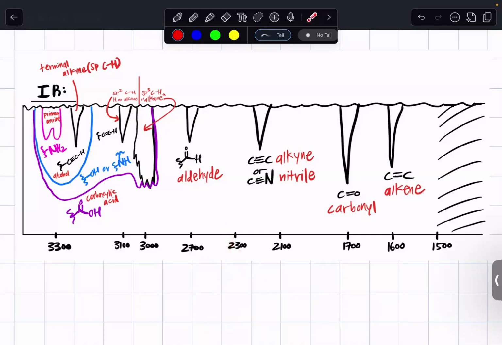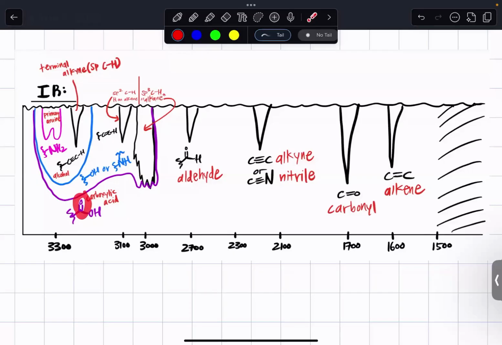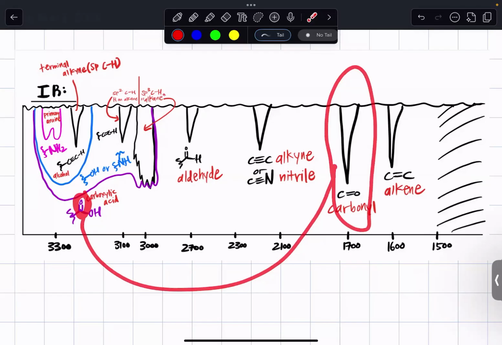If you see a broad peak that merges with the 3000 peak like this, that's going to represent the carboxylic acid functional group. And when you have a carboxylic acid functional group, notice how we have a carbonyl within that carboxylic acid, which means that you would always see this peak as well.